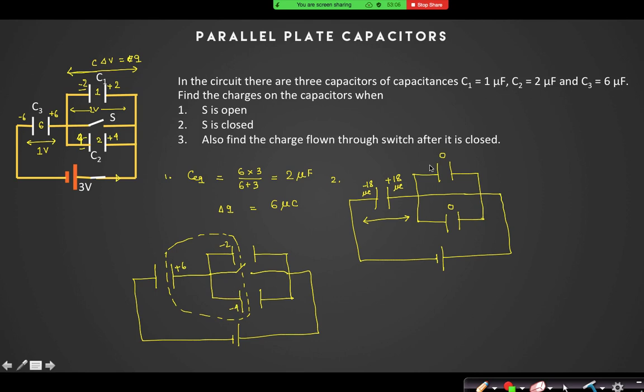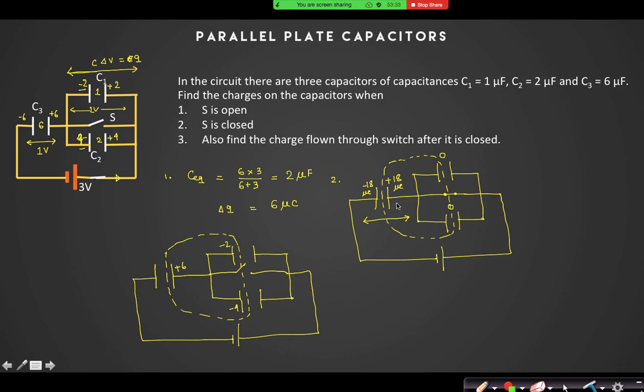But just I close that switch. After I close that switch, think about this system again. What is the total charge on that system after I close that switch? It is 18 microcoulomb, yes or no? Yes, because these two plates are now carrying 0 charge and this plate is carrying 18 microcoulomb charge.